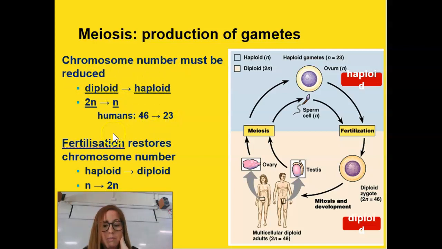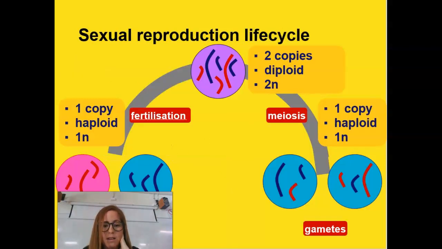And then when those two haploid cells, egg and sperm, come together through fertilization, the diploid number is restored. And so we have this production of gametes, which reduces the number of chromosomes, and then we restore that through fertilization back to 46. And you can kind of see that here.